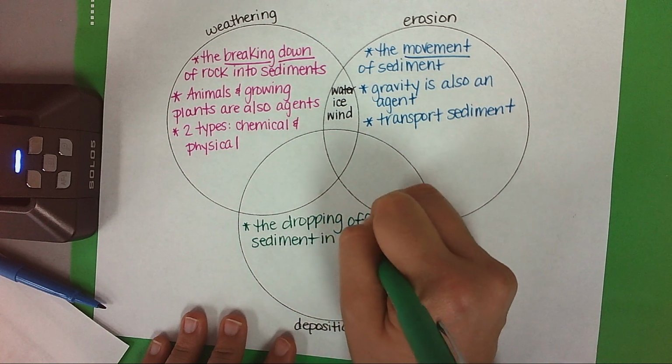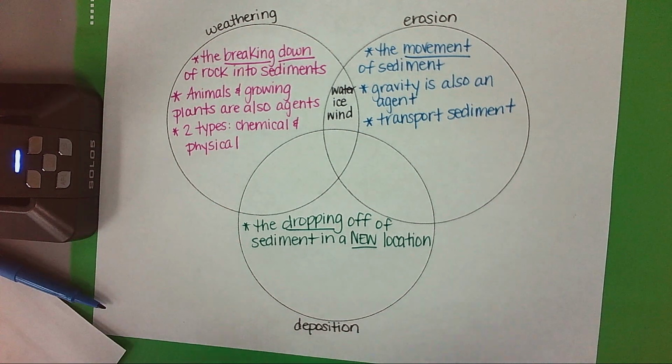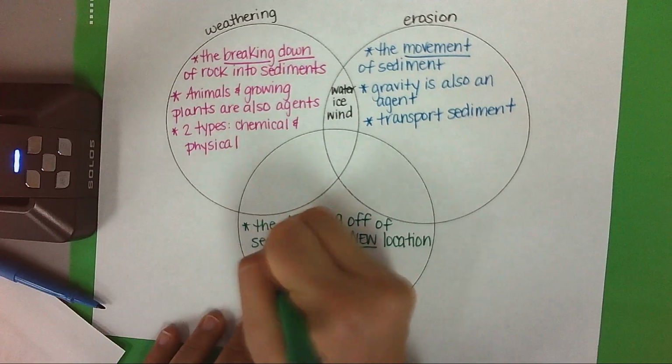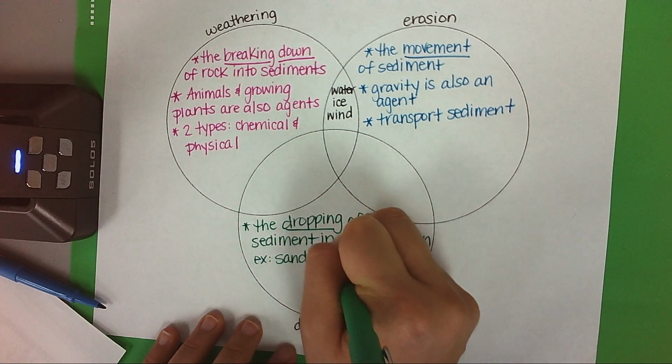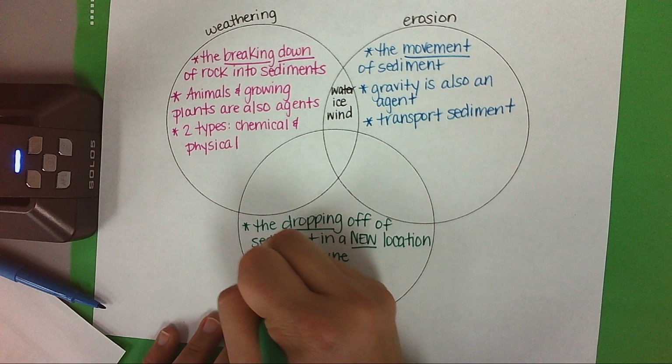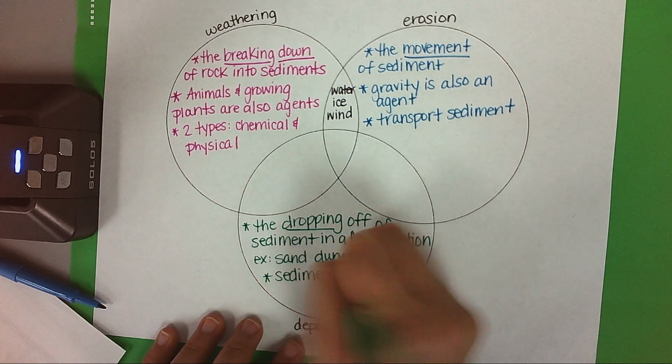That is super important to remember. So there's 2 parts: the dropping off of sediment in a new location. An example would be a sand dune that you see at the beach. This is where sediment usually builds up during deposition.